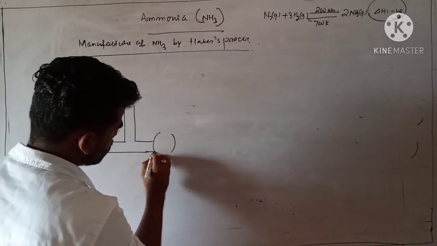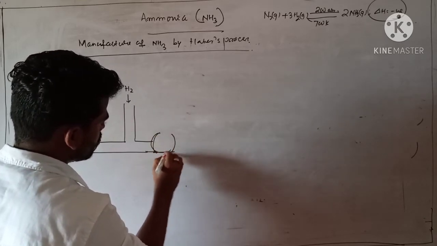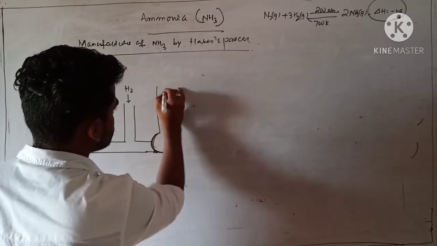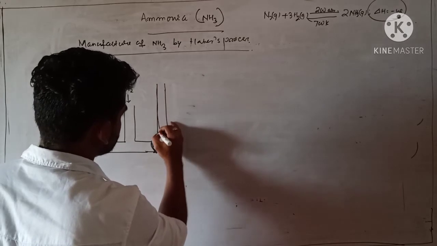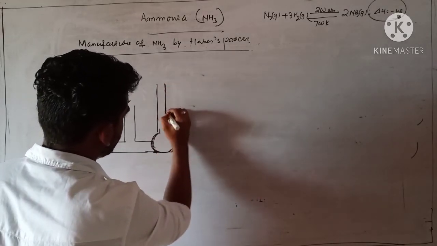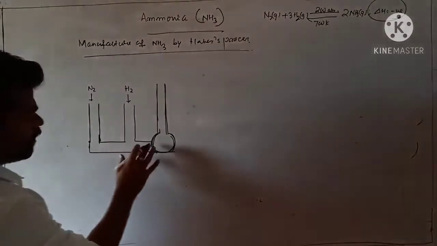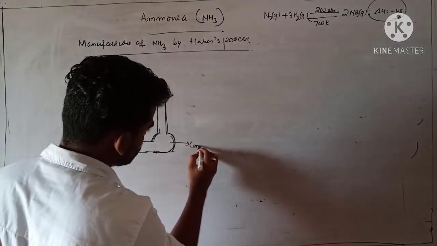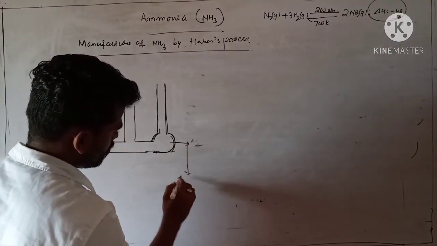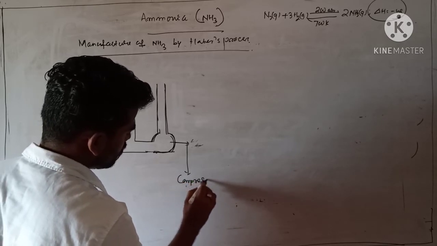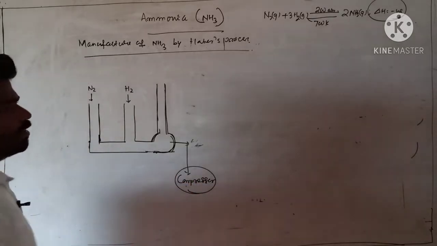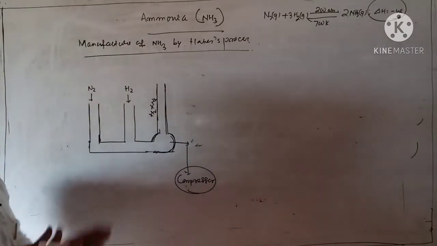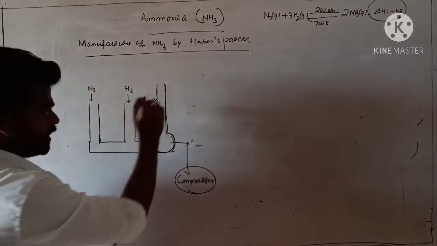The two gases, dinitrogen and dihydrogen, enter the compressor to attain the desired pressure. Here H2 plus N2 begin to interact with each other by applying pressure.